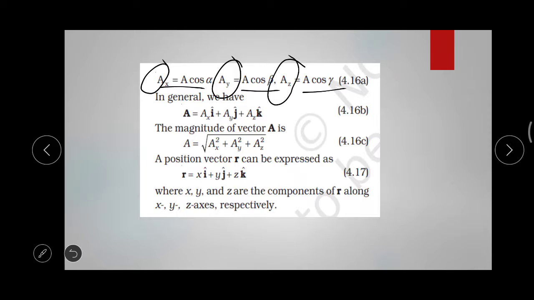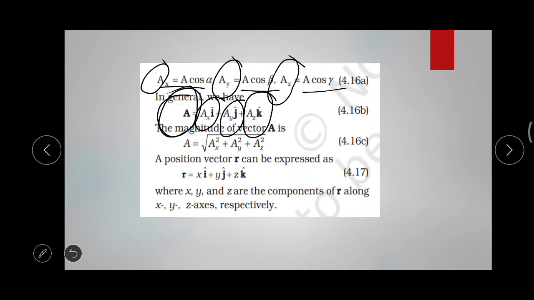For the x-axis, we discussed in the last class that the unit vector is i cap. So Ax i cap is the vector component along the x-axis, Ay j cap is the vector component along the y-axis, and Az k cap is the vector component along the z-axis. If you take the sum of all three, you will obtain the resultant vector, that is A.